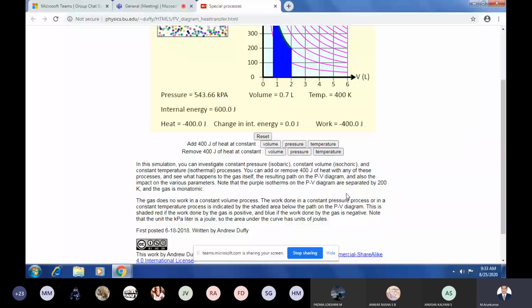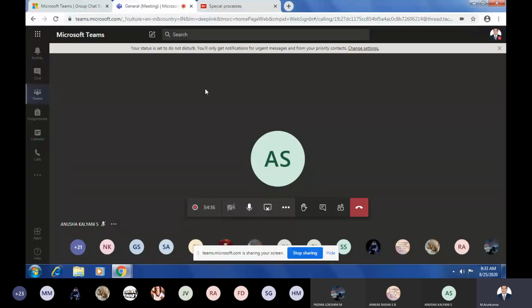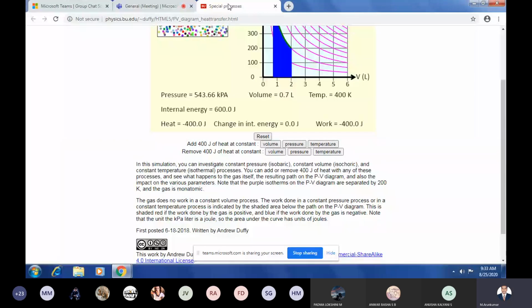By this graphical representation, you can also understand the thermodynamic processes: what is the isothermal process, what is the isobaric process, and the isochoric process. Students, just go through this page. It was already given in your slide.